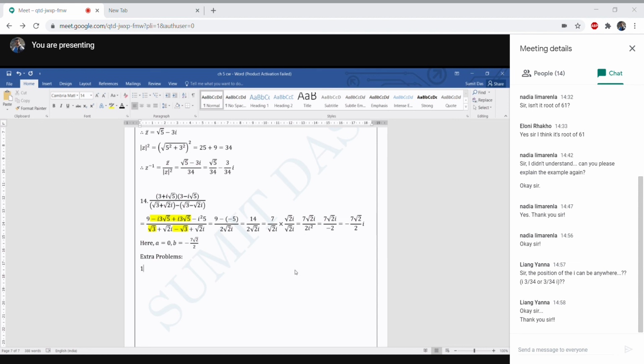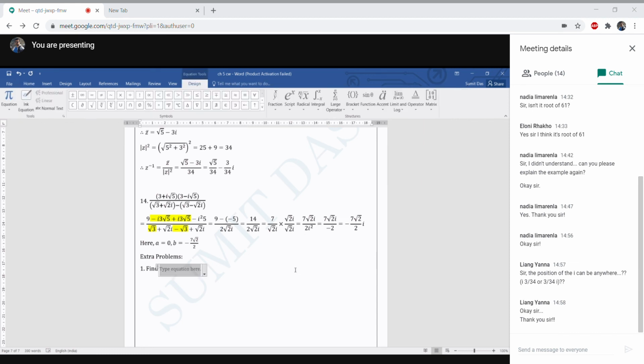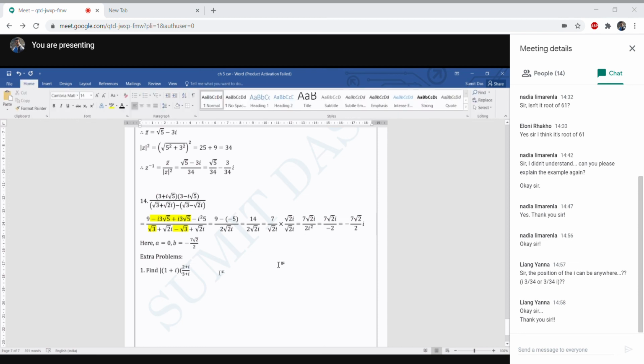Suppose one question is given: find the mod of (1 plus i) times (2 plus i) divided by (3 plus i). We have to find this value.